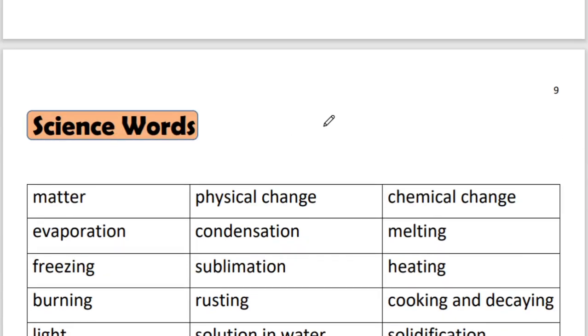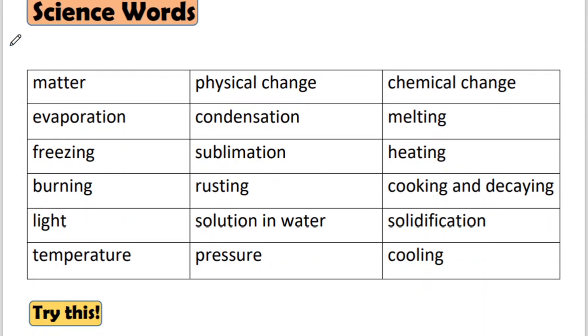Now, we will learn in the next page of our module the science words. In this page, we will be learning the following words: matter, evaporation, freezing, burning, light, temperature, physical change, condensation, sublimation, rusting, solution in water, pressure, chemical change, melting, heating, cooking and decaying, solidification, cooling.